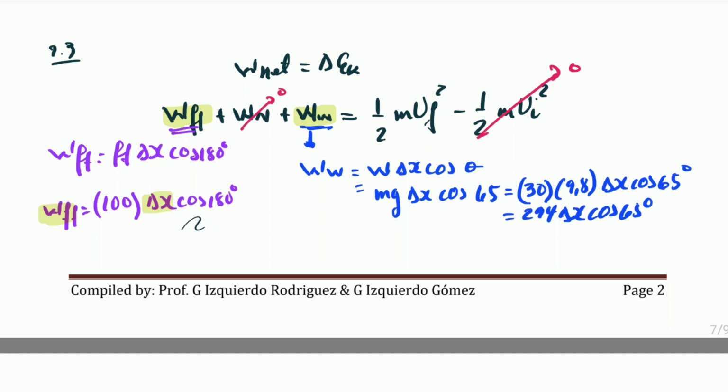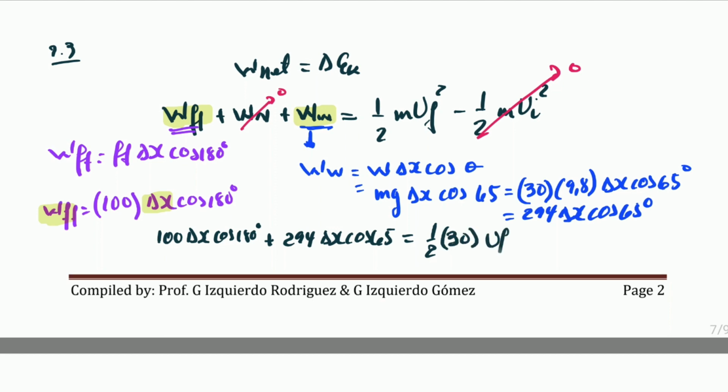So when we substitute, all we have is 100 displacement cos of 180 degrees plus 294 multiplied by displacement cos of 65 equal to half mass, we can substitute the mass, which is 30, and this is the final speed.